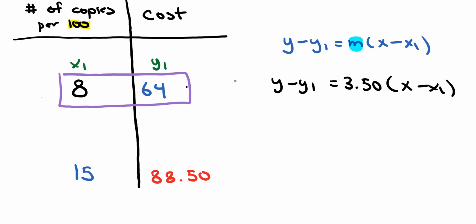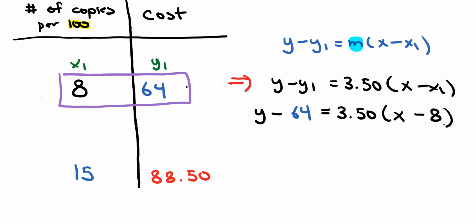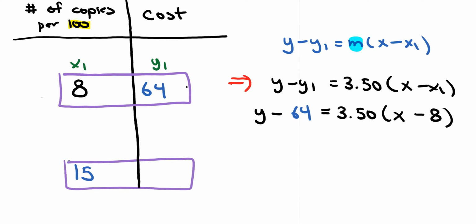So if I apply that to this equation, my new equation would be y minus 64 equals $3.50 times x minus 8. So that right there is the equation of my line. For this particular problem, the question is, how much would it cost for 1,500 copies?